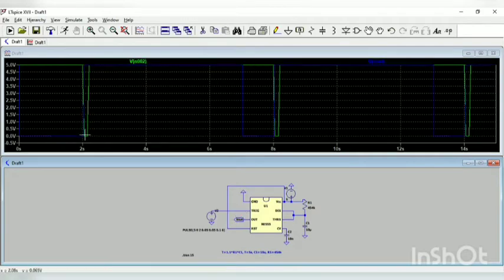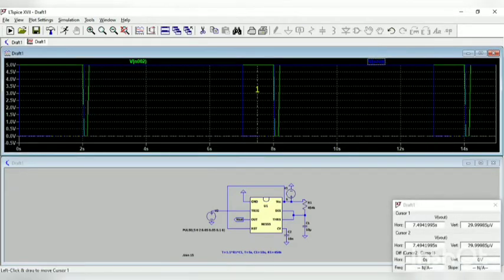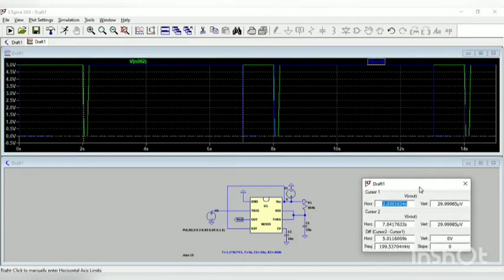As you can see, I timed it for almost 5 seconds. It starts at 2 seconds and goes to almost 7 seconds. If I measure the time period of the output pulse, it is almost 5.01, so almost 5 seconds.